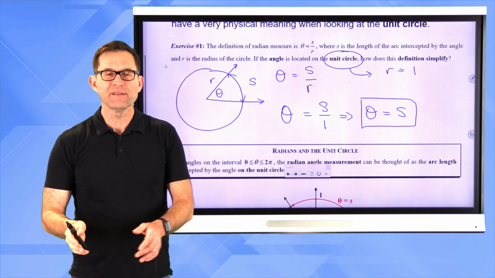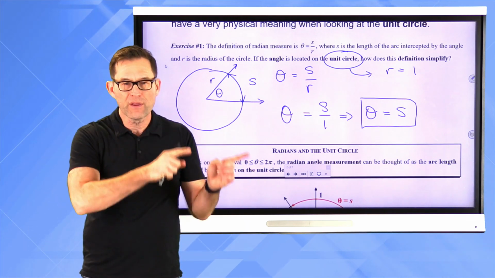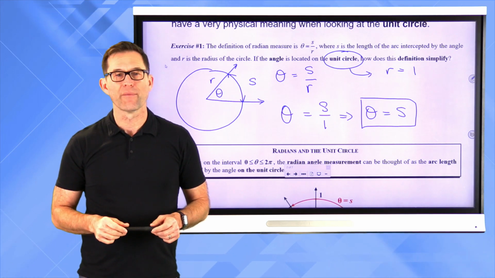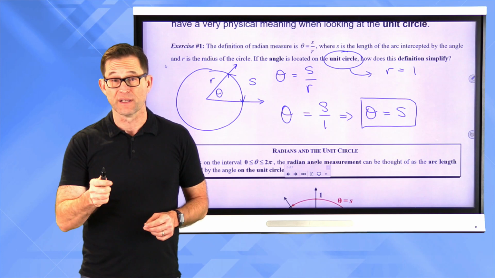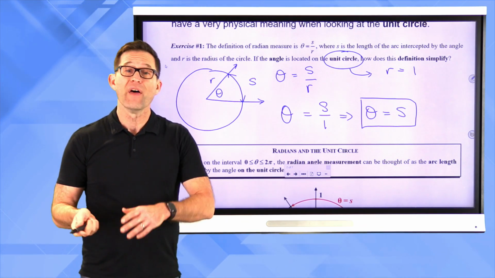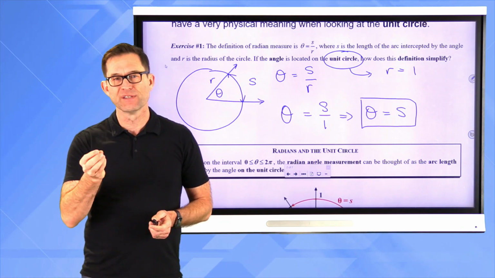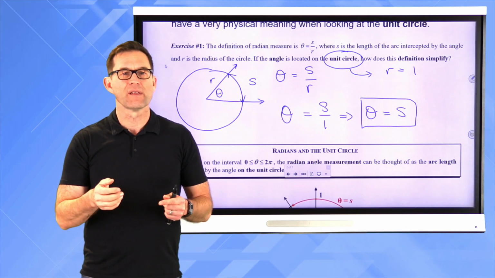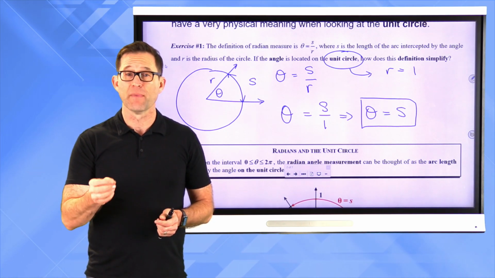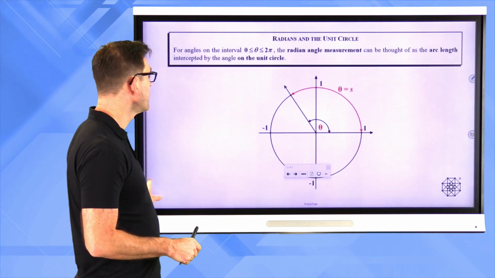In other words, as you travel around the unit circle, you can think about the distance that you've traveled around the unit circle, literally the length, as being equal to the radian measure that you go through as an angle. And that's a real physical meaning as opposed to this arbitrary 360 degrees that we have with angles measured in degrees.